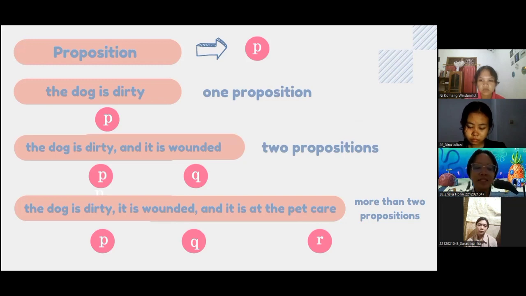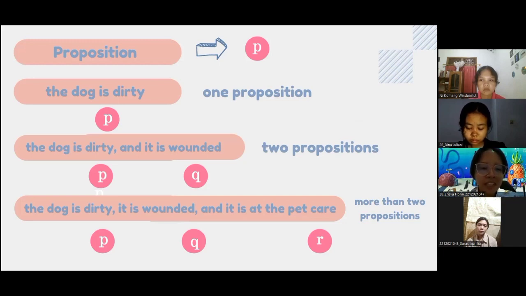So this sentence contains more than two propositions: the first sentence is symbolized by small p, the second by small q, and the third by small r.